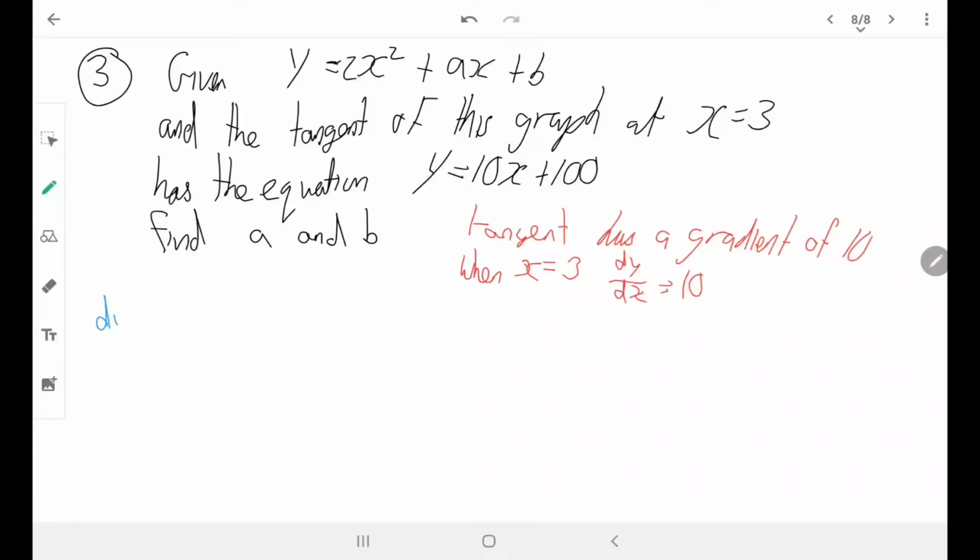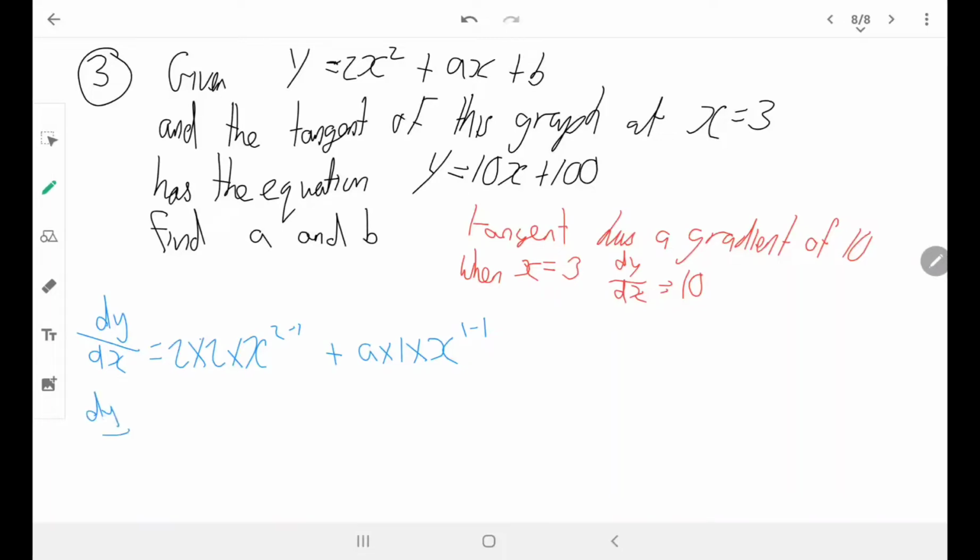So dy over dx is 2 times x to the 2 minus 1 plus a times 1 times x to the 1 minus 1, and then plus nothing. So actually we're not even going to bother with that. Let's delete it completely, because the b disappears.